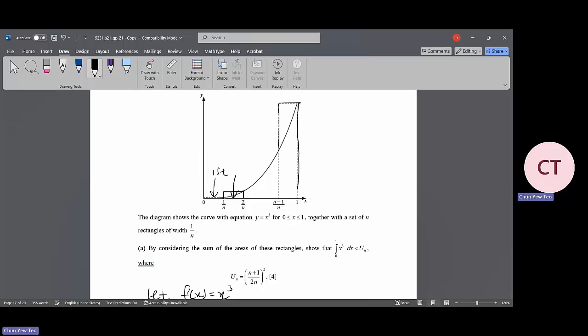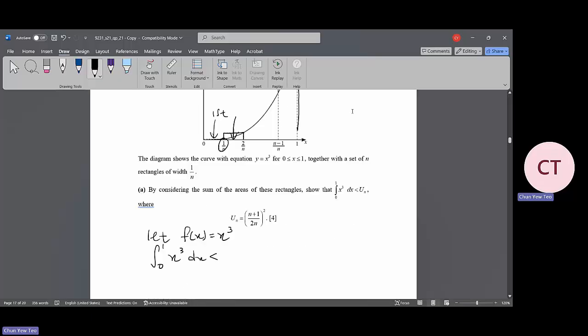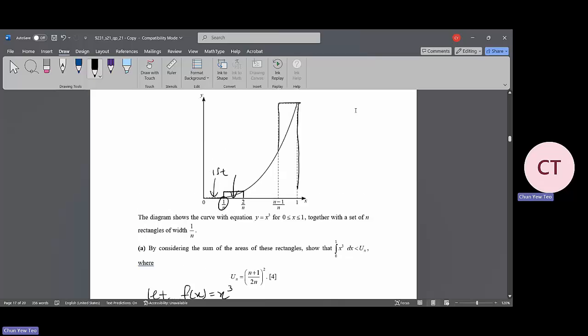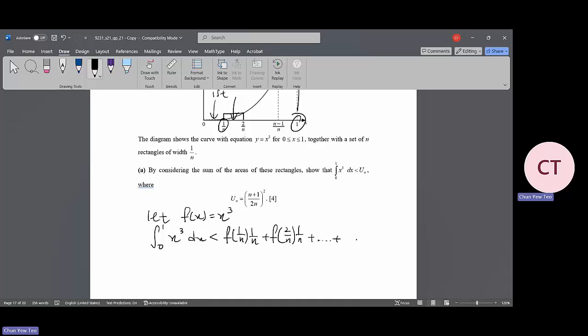Your first rectangle, the height is coming from 1 over n. So it's f(1 over n) multiplied by 1 over n, plus f(2 over n) multiplied by 1 over n, plus until the last height. The last height is f(1), which is f(n over n).